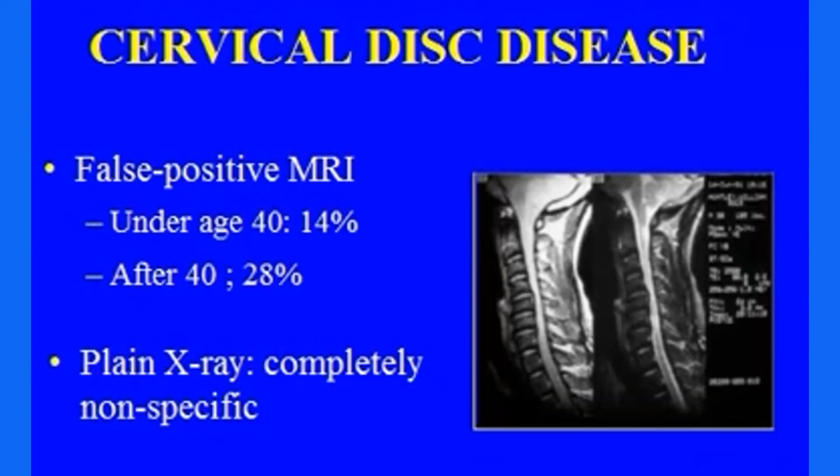We know that under the age of 40, 14% have abnormal MRI findings. After 40, 28%. Not only consider what you see by MRI, you have to consider what you have observed on examination, on your history. You have to put them all together and then arrive at the diagnosis.